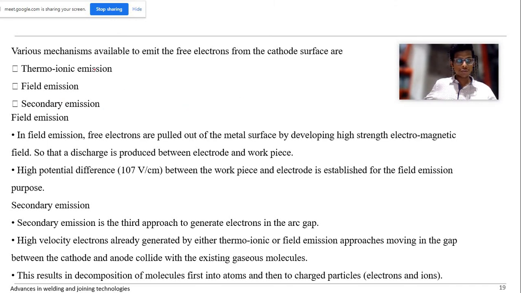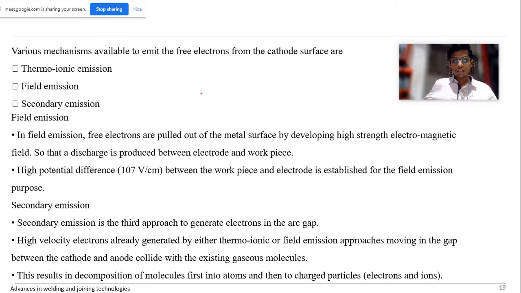Generally, first electrons are generated by either thermionic emission or field emission, and then a gap is created. That gap is filled by ionized gas, and it becomes conductive. Because of this conductive nature, electrons are released from the ionized medium, and charged particles flow from anode to cathode.